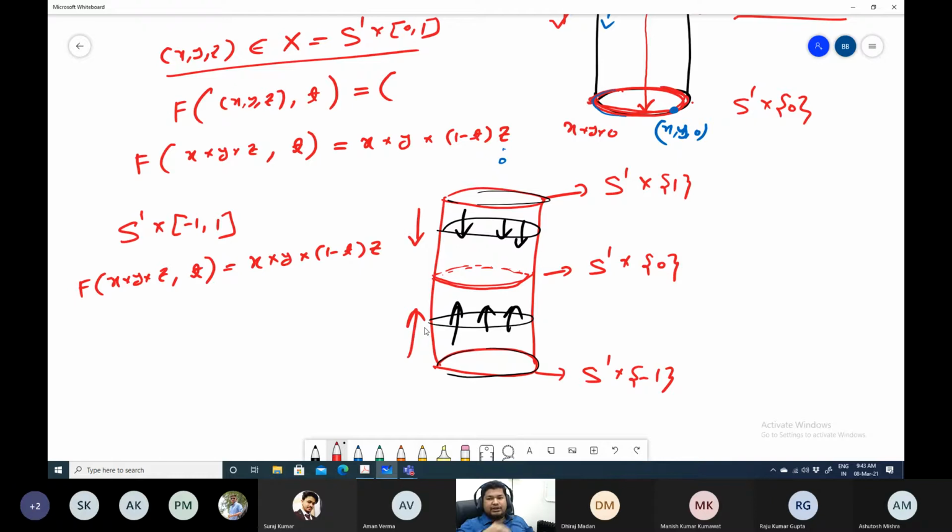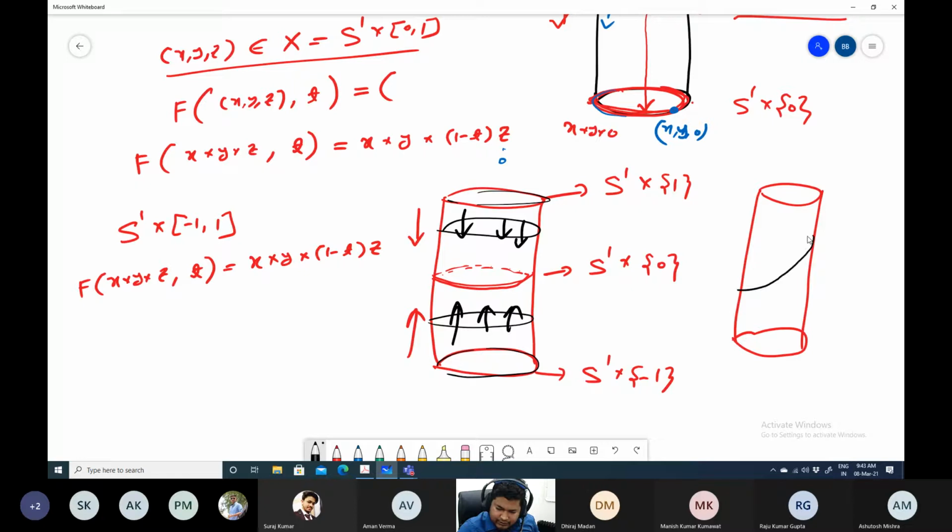So that means the cylinder deformation retracts to a circle, and we can take any circle here. In fact, it is not specifically this middle or this one. You can take this kind of circle as well. It is difficult to find that exact map, but we can find it actually.